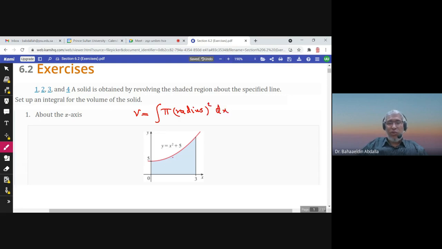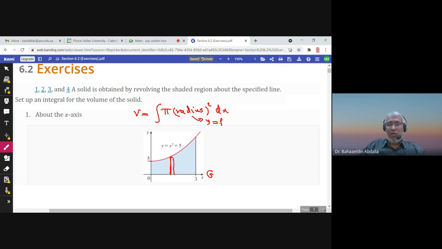And we choose a rectangle which is perpendicular to the axis of rotation, and the axis of rotation here is the x-axis. Pi is always there in the formula, and the radius is the distance from the axis of rotation to the curve. So it is this distance, and you can see that this distance is y equals f of x.